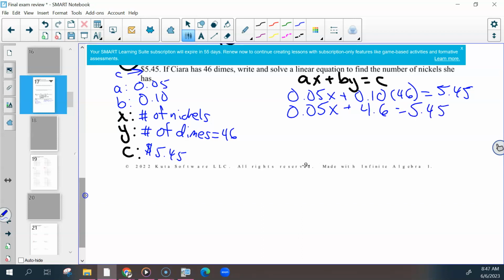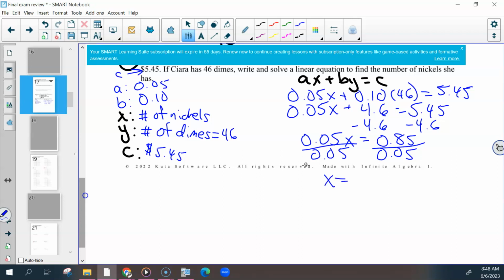So multiply the 0.10 by 46. Get rid of that by subtracting. And then divide both sides by 24.